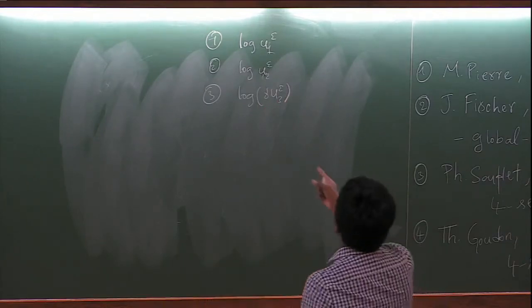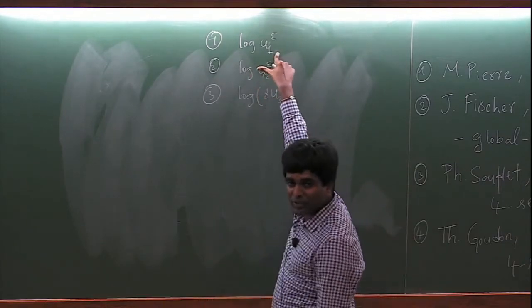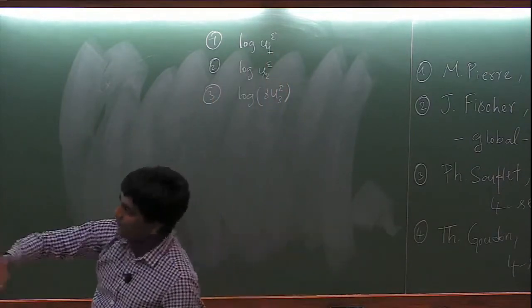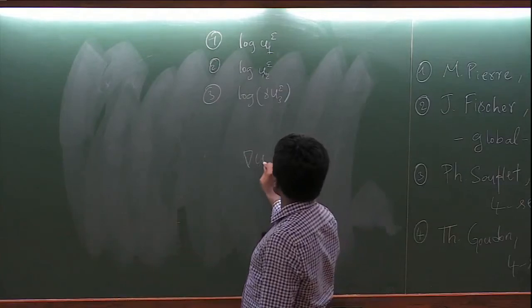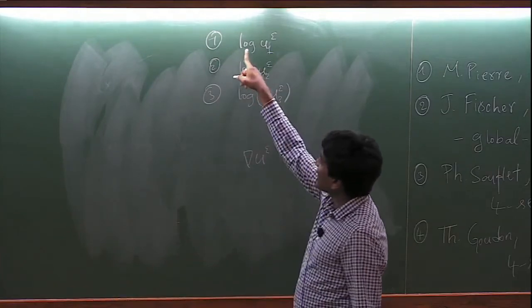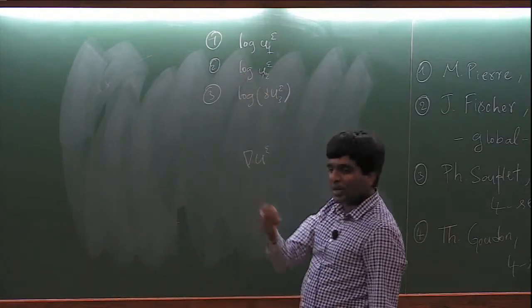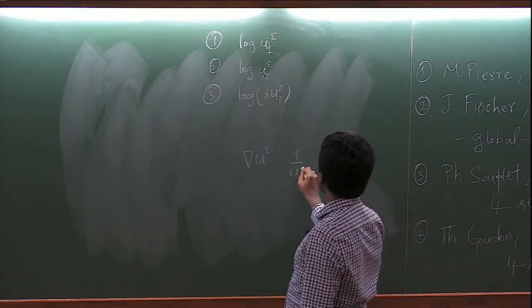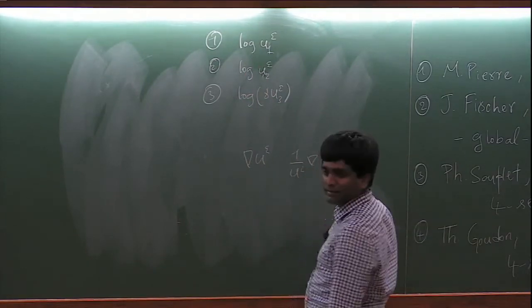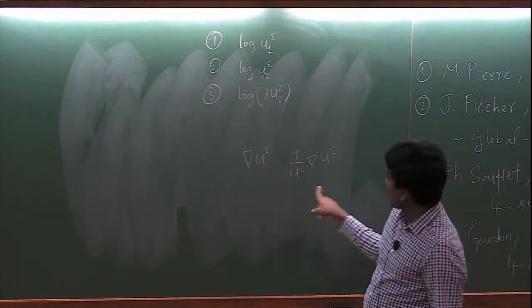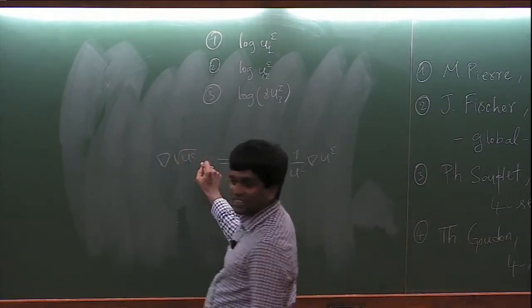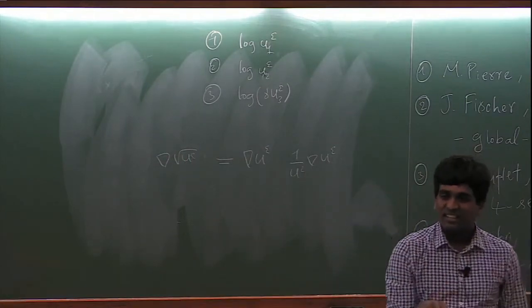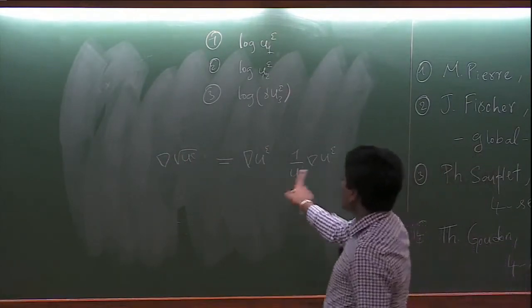Because you are multiplying by the logarithm of u_1 epsilon, when you do the integration by parts for the diffusion term, you get the gradient of u epsilon. But when the gradient hits the logarithm, you get 1 over u epsilon times the gradient of u epsilon, isn't it? This is exactly the gradient of the square root of u epsilon. That's why you get this.